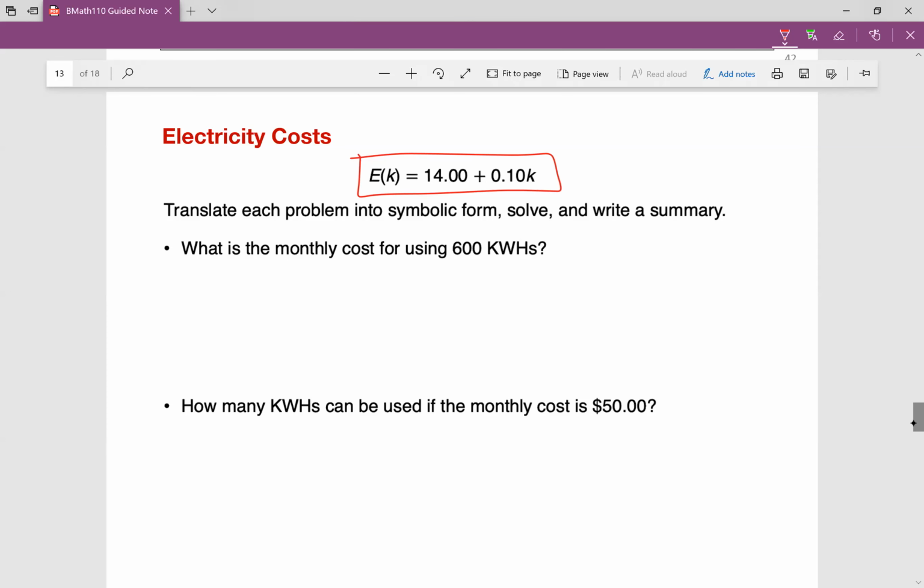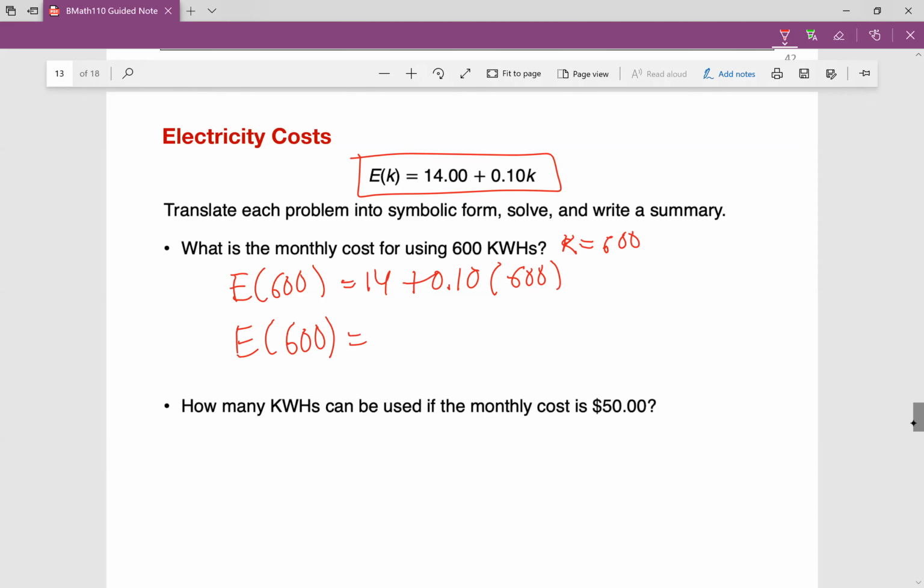We know that K equals 600, so I can plug in and have E of 600 equal to 14 plus 0.10 times 600. Now the input is K, which becomes 600. So I change all the K to 600, and E of 600 will be equal to what? Use a calculator and you should have 74.